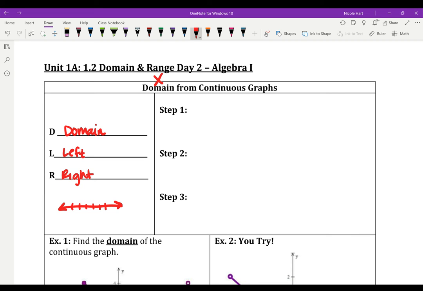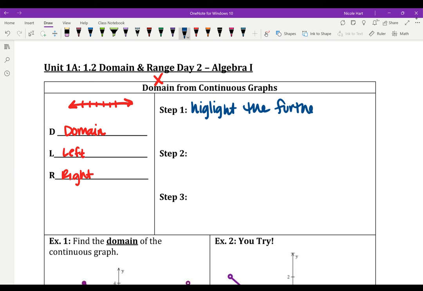We have 3 steps in order to get our domain and range in order. I'm going to move this up here. And so those steps include, you're going to highlight the furthest left edge and right edge of our graph.